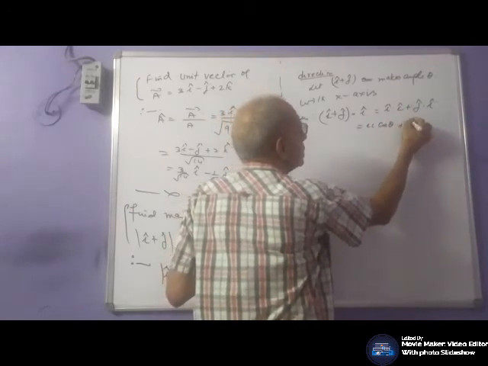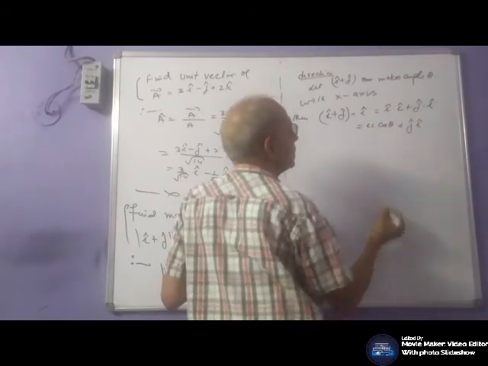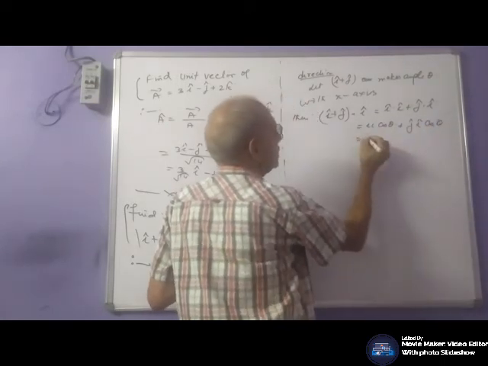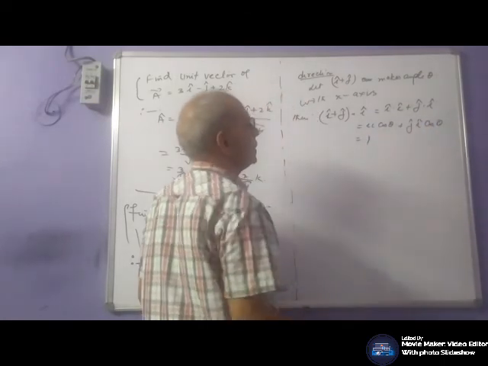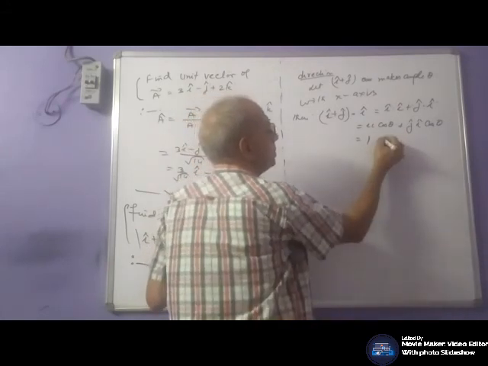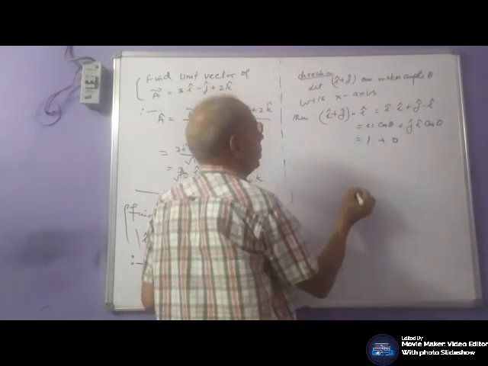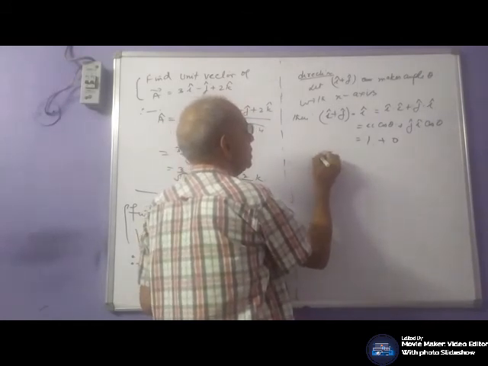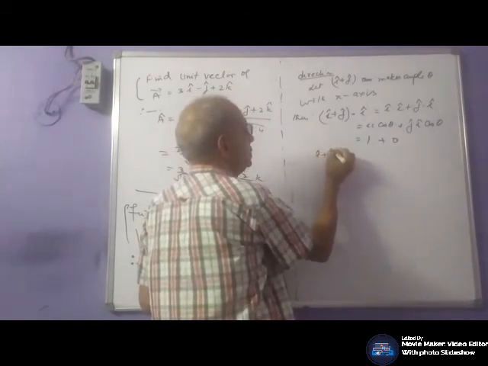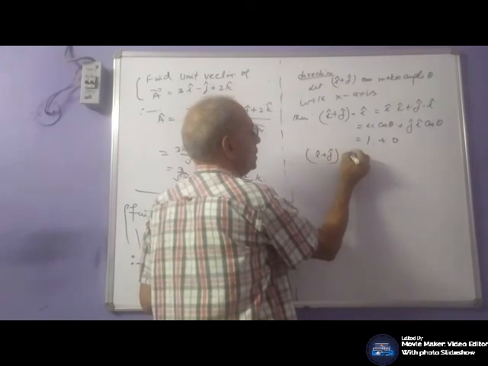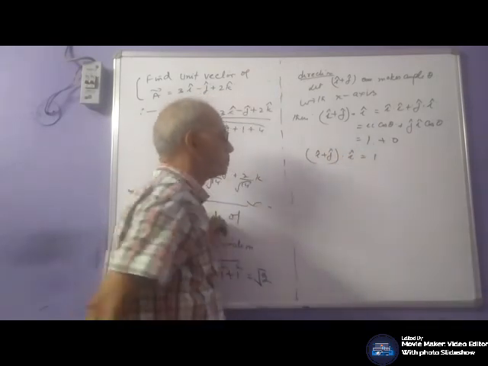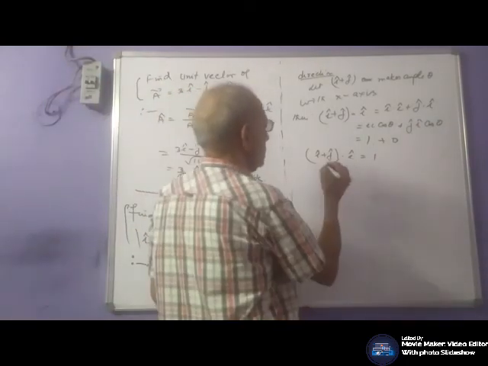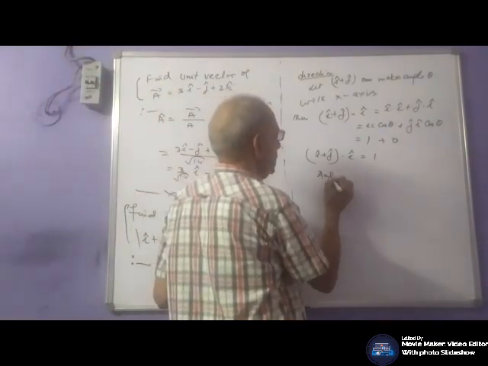It is j dot I cos theta. It is 1. It is 0. So I plus j dot I is 1. This means angle.